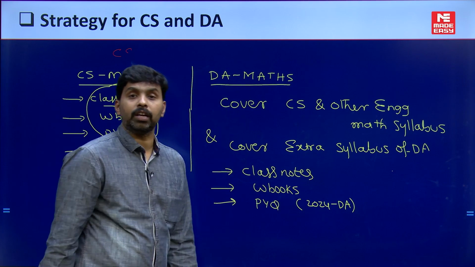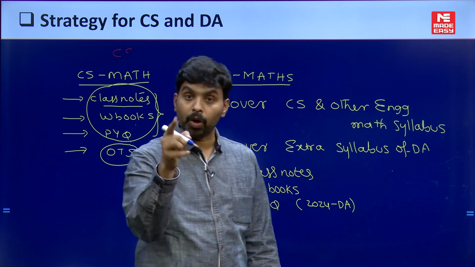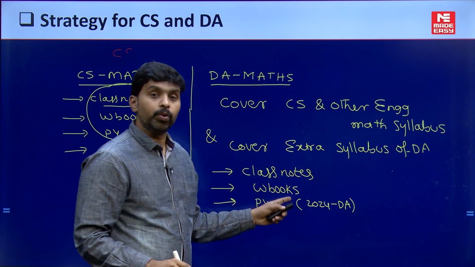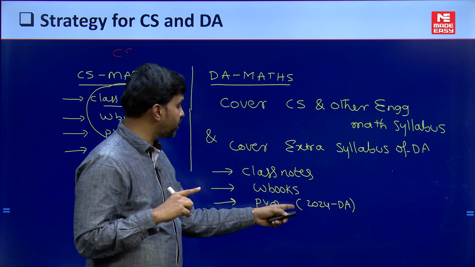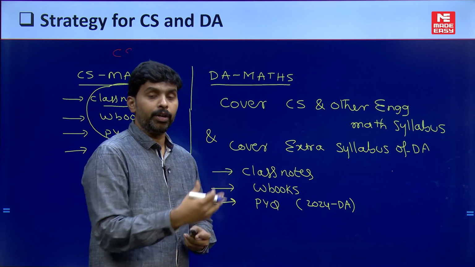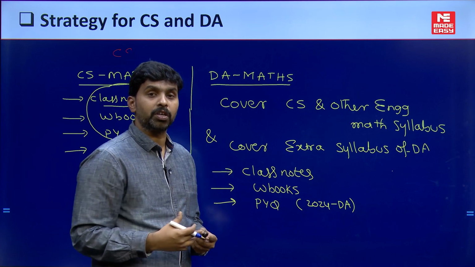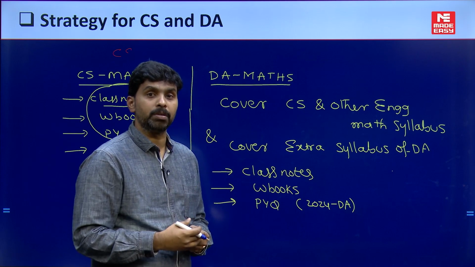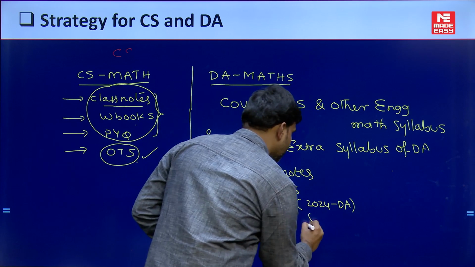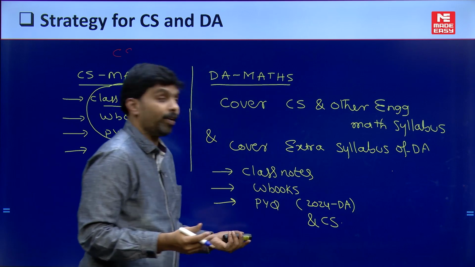You can also take other engineering mathematics questions and solve them, like CS paper questions. You can take all the CS PYQ questions in this DA paper mathematics and solve them, because 70% to 90% of the syllabus matches. So you have to solve other CS papers also here.